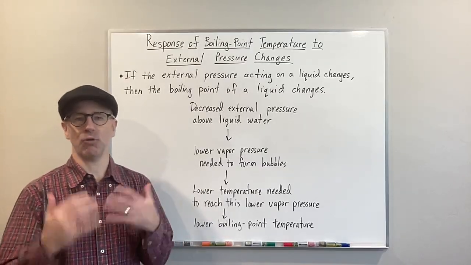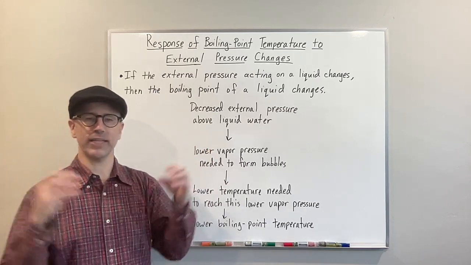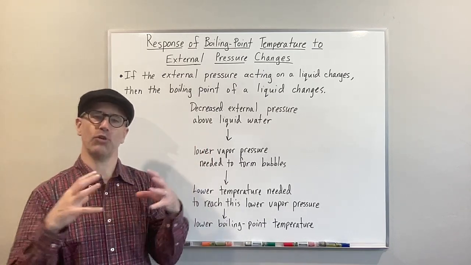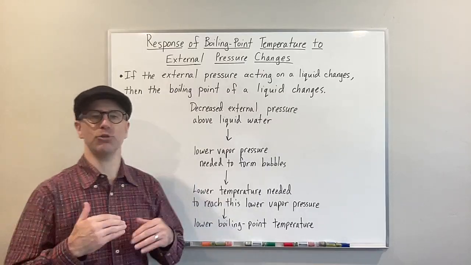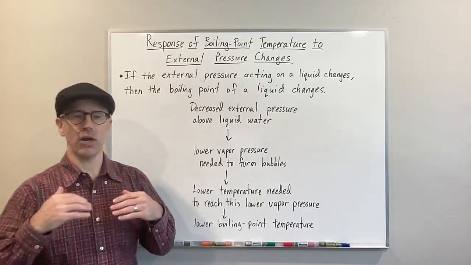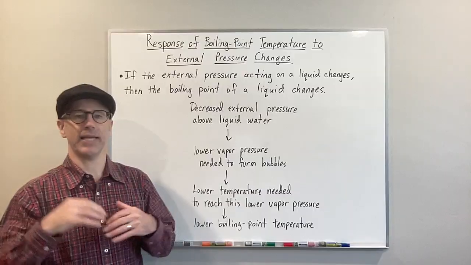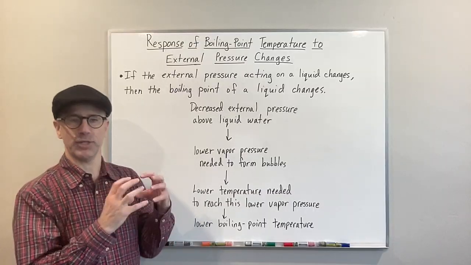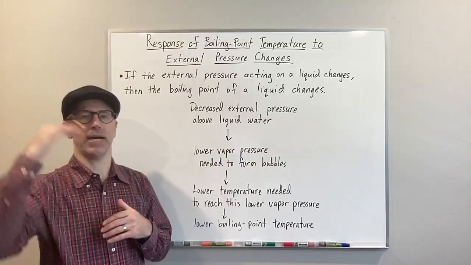Until that happens, you won't get boiling because the external pressure will be greater than the internal vapor pressure, and so the bubble will collapse and won't form long enough to reach the top of the surface. So the pressure at which you get boiling is going to be determined by the external pressure.